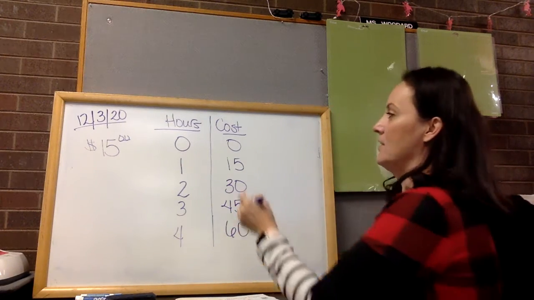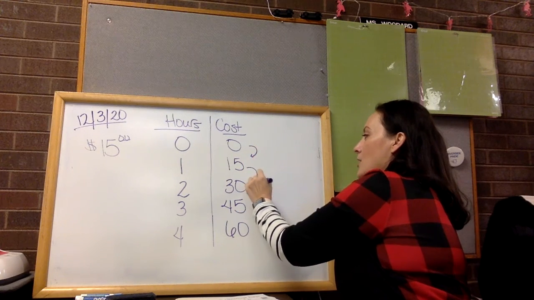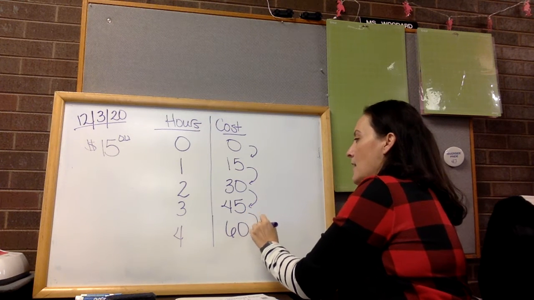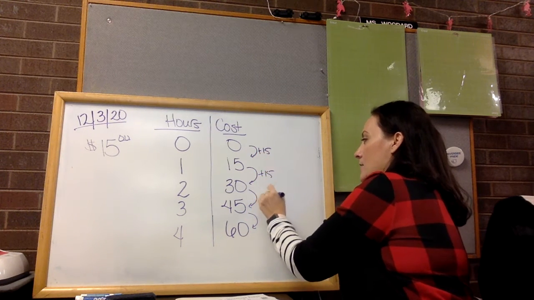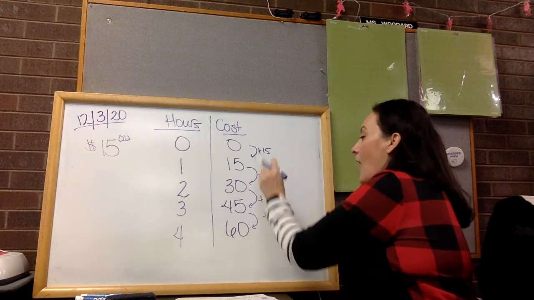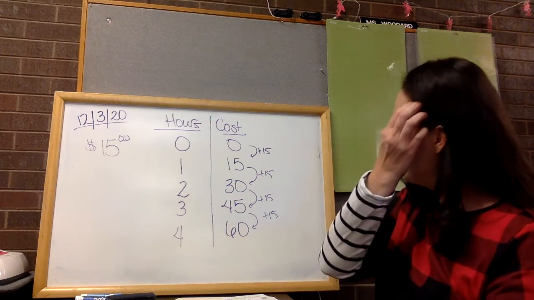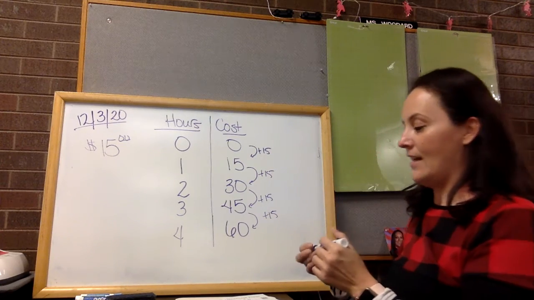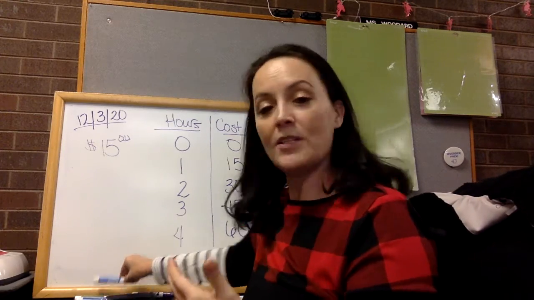So we have a constant rate of change, where going from one to the next we're increasing by $15 all the way across. Every time we add another hour, we increase the money we owe her by $15. Now you can look at this data set like ordered pairs. This would help us graph.